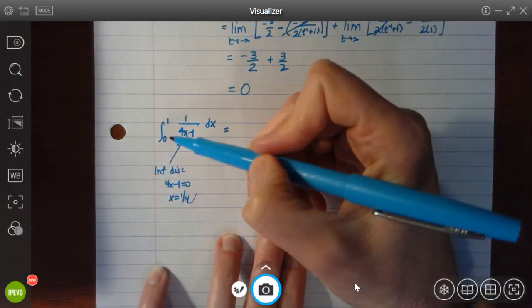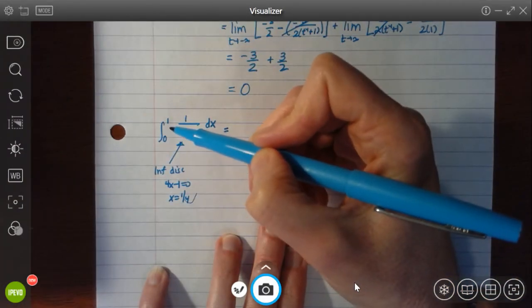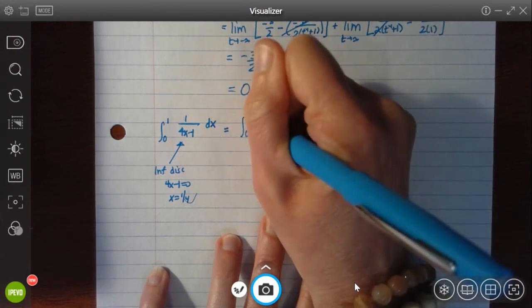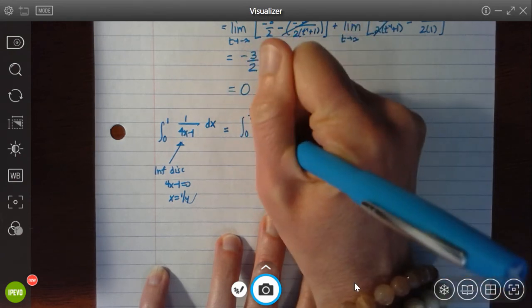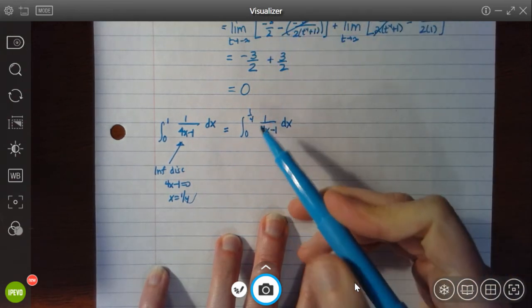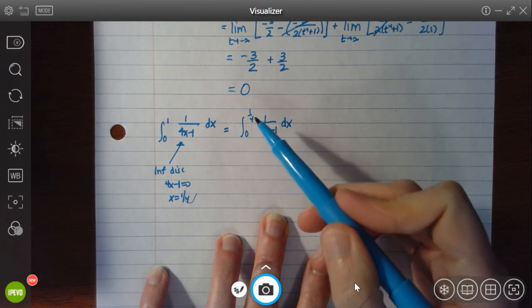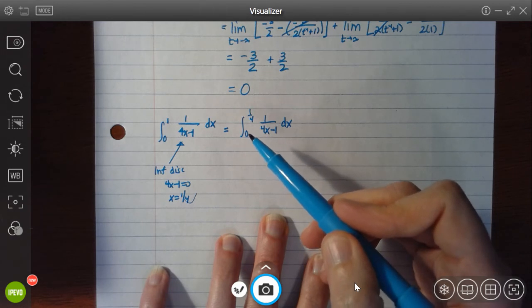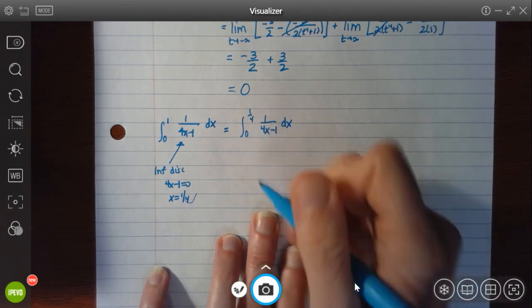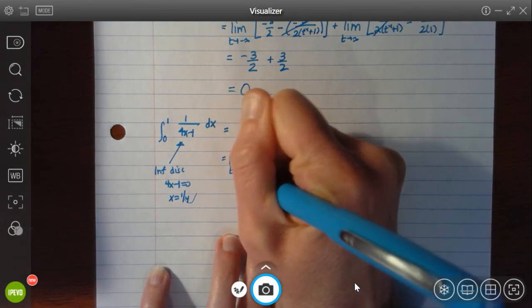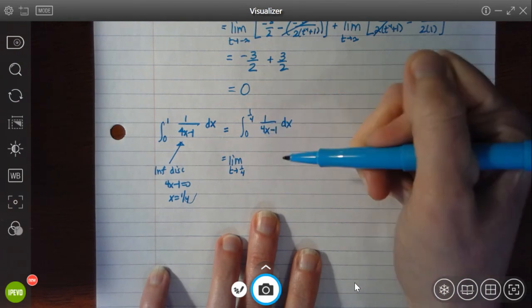So since we're going from 0 to have that break at 1/4, that's going to give me my first improper integral with that infinite discontinuity there. Since we're going from 0 up to 1/4, we're going to be approaching that limit from the left side, because we're going from values smaller heading towards that number.